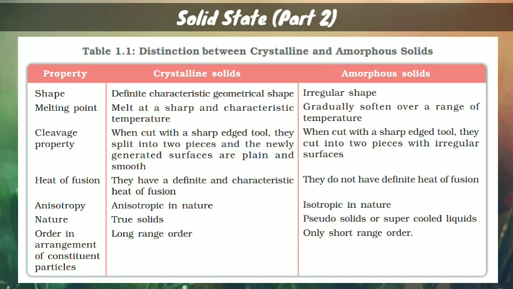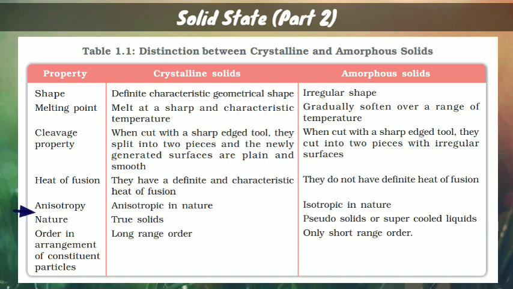But in the case of amorphous solids, when we cut with a sharp edge tool, like a knife or something like that, okay, then we can cut them, no doubt, but the surface of the cut is irregular. And the heat of fusion, so heat of fusion means the heat which is required to fuse them. They have a definite characteristic heat of fusion in the case of crystalline solids, but in the case of amorphous solids, they don't have any heat of fusion.